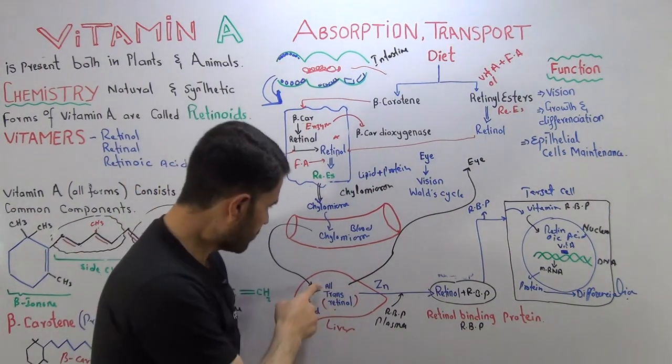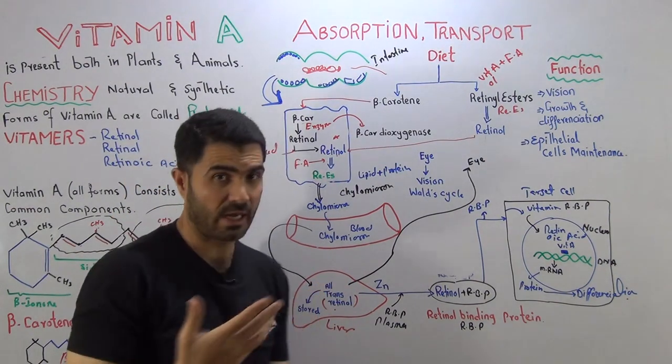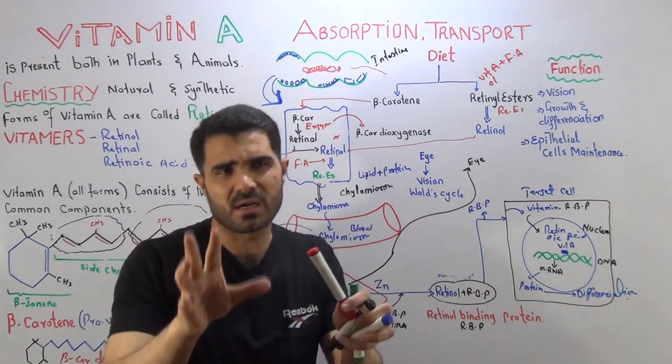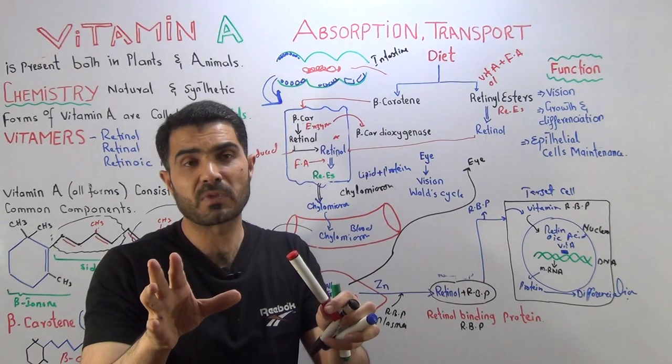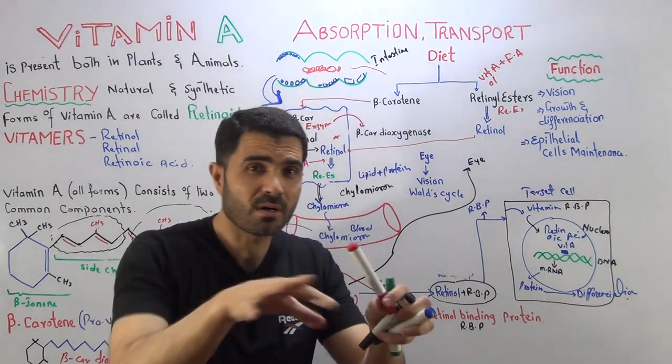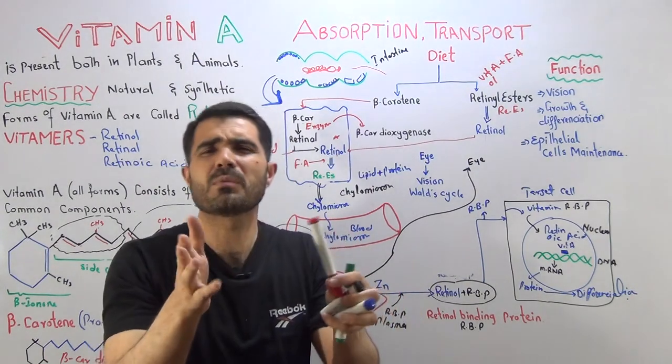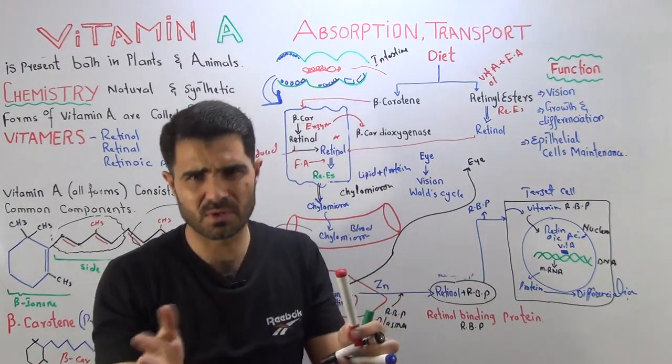And don't worry about what I have mentioned here, all trans. What is this trans? Don't worry. Actually, this trans is representing the isomer of vitamin A. You know, in organic chemistry, different compounds have isomers, cis and trans isomers.